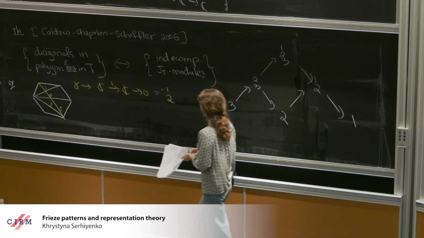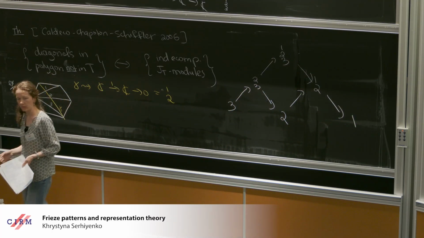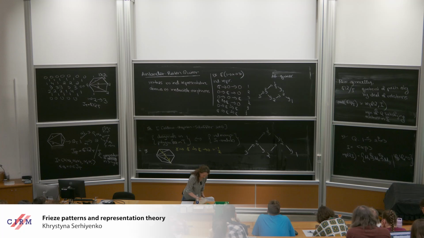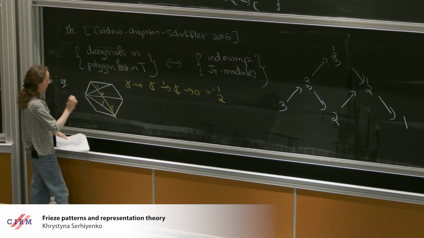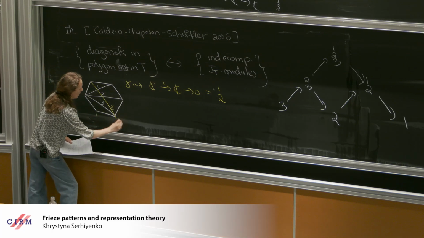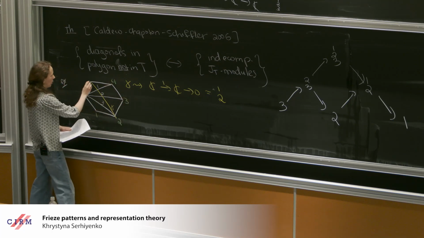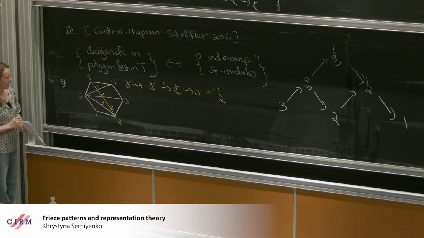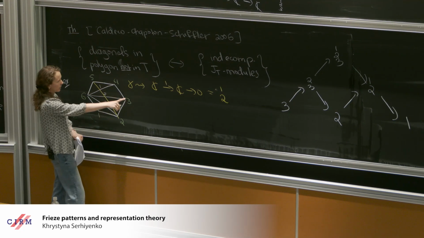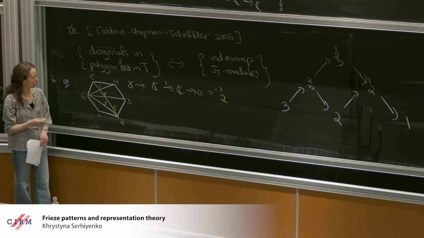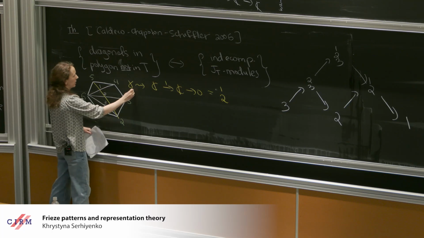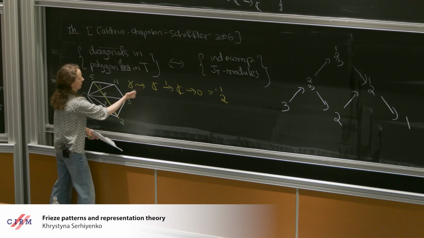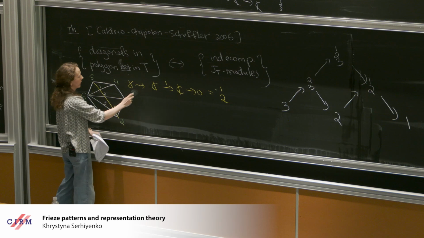Okay, I need another color. Green. Let's say I'm going to label my vertices 1, 2, counterclockwise as follows. We said that the arc gamma corresponds to the representation 1, 2. I'm now going to denote gamma by its endpoints.